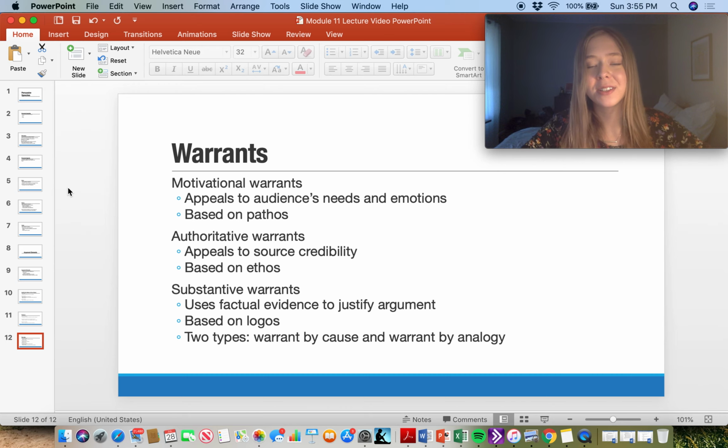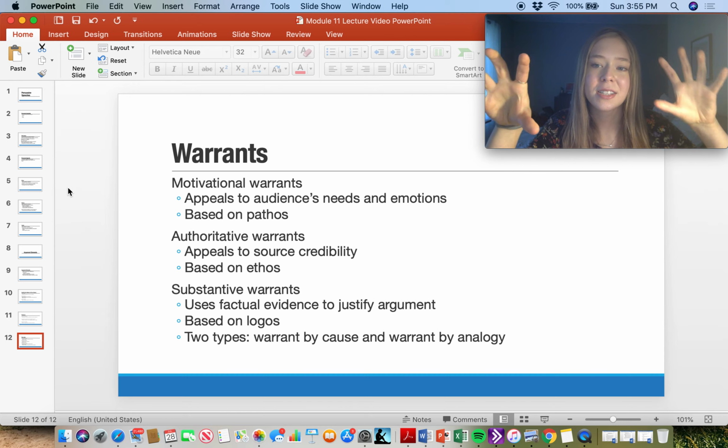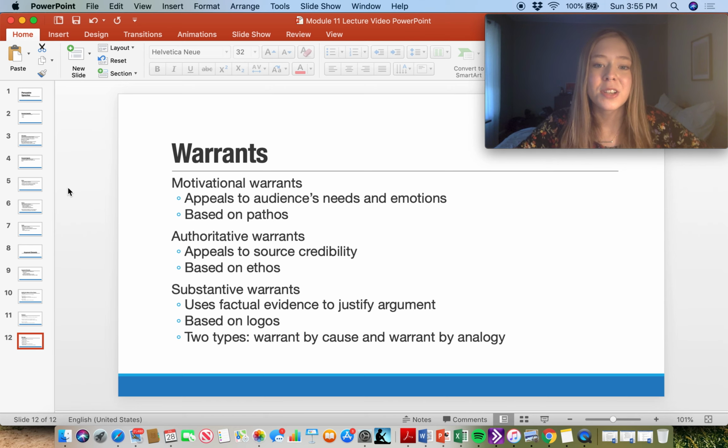And finally, warrants. So this is what I talked about, the really important link between your evidence and your claim. And so motivational warrants would be appealing to an audience's needs and emotions, and this is, of course, based on pathos. And so if you're connecting your evidence to your claim using an emotional appeal, maybe a really gripping story, saying that this story matters because this, that would be a motivational warrant.